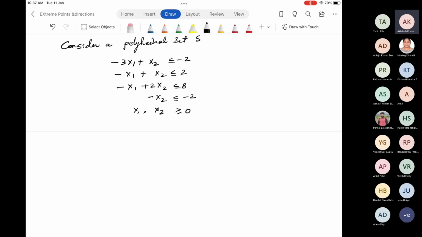But before I proceed, what is the extreme direction of a bounded set? No direction. Towards center. Abhijit is saying no direction.